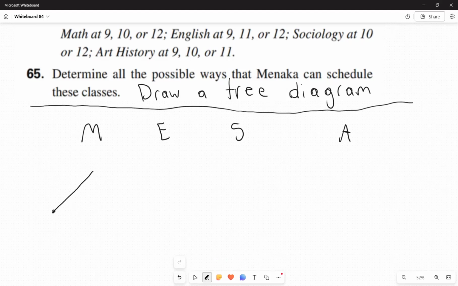So math at 9, 10, or 12. And here's the next step. If she's taking math at 9, she can only take English at 11 or 12.